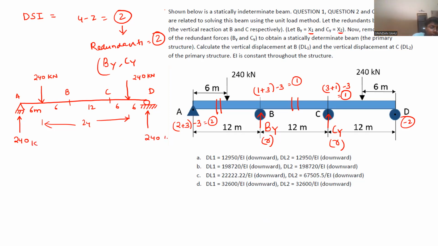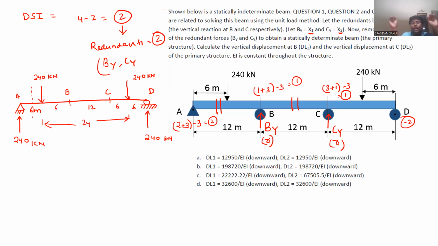It will be 240 kilonewton, the reactions at RA and RB. Now you cut a section here. You have to write for each section how the bending moment is going to vary.